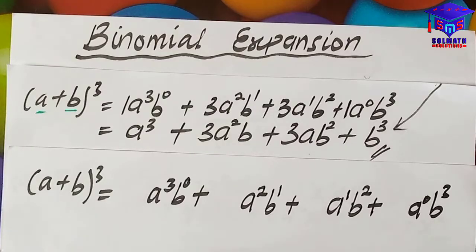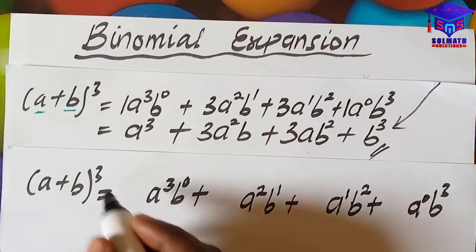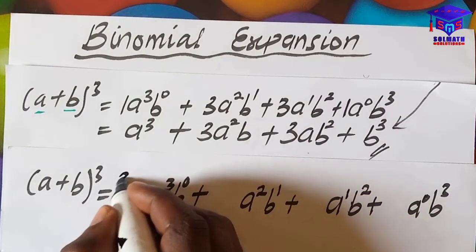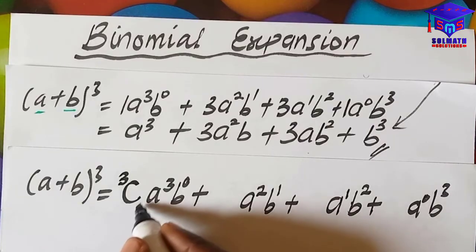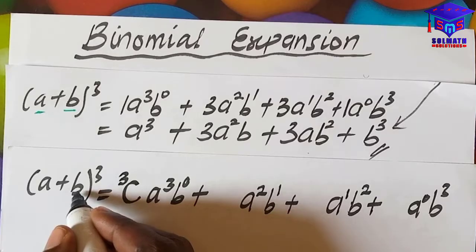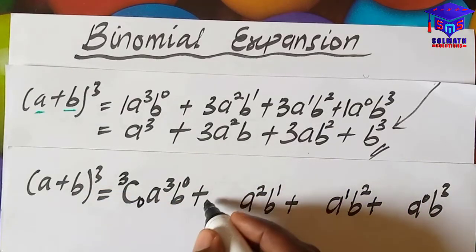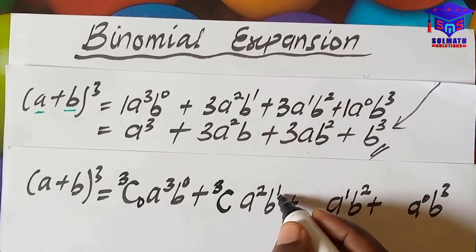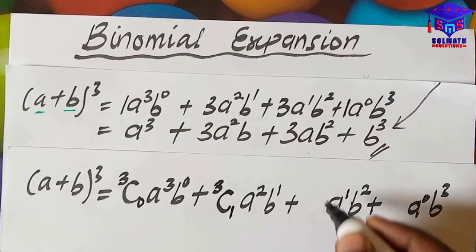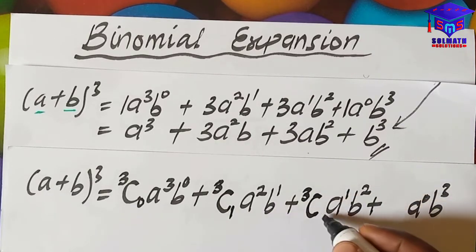All right. So for the coefficient, look at it. It is always 3 combination. The value we are going to have down here is the power of the second term in the binomial, which is 0. Then when you come here, 3 combination 1, the power of the second term of the binomial.